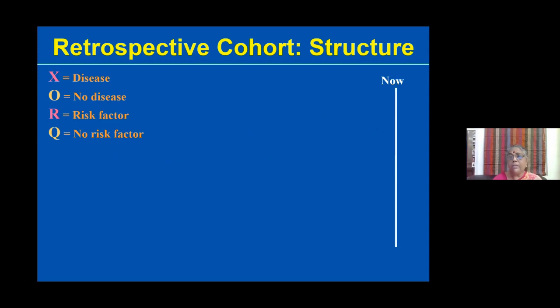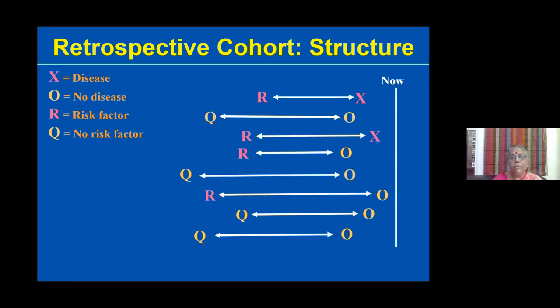The researcher is at this longitudinal line, white line, and he knows that the outcome has occurred in a few of them. He goes back in time. He looks up the records for the risk factors, for those who are exposed and for those who are not exposed. And he comes back again to check whether those with risk factors have the disease or not.